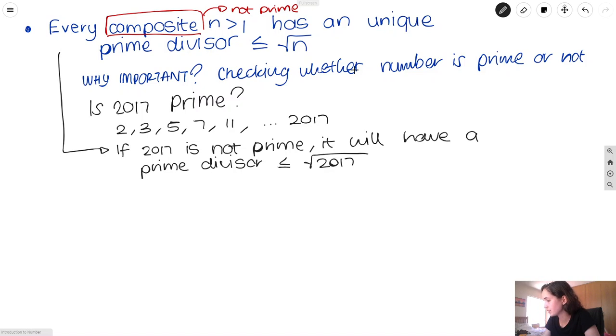So let's look at the square root of 2017. It is going to be around here, so bigger than 44, but less than 45.